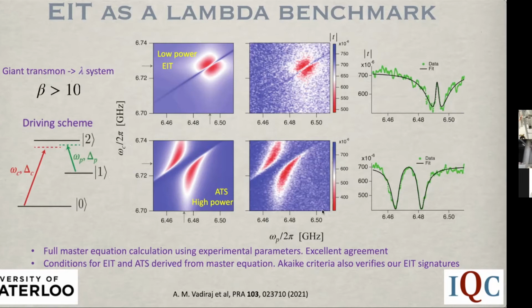The x-axis in all of them is the probe tone, which is close to the 1-2 transition frequency. And then the color scale in all of them is the transmission, in arbitrary units.